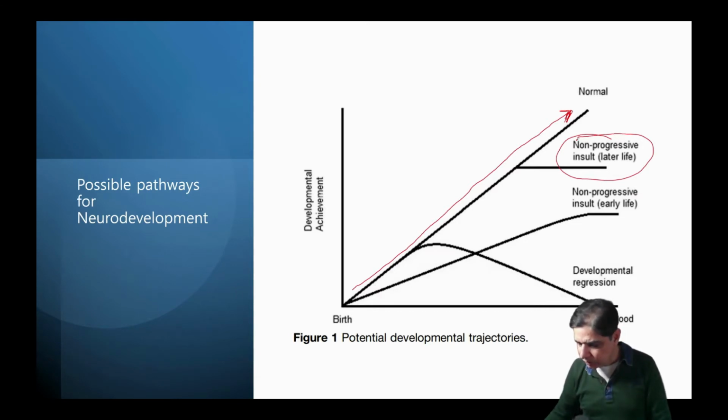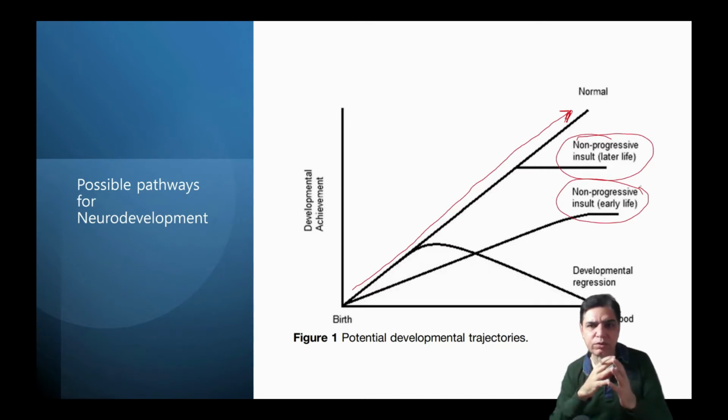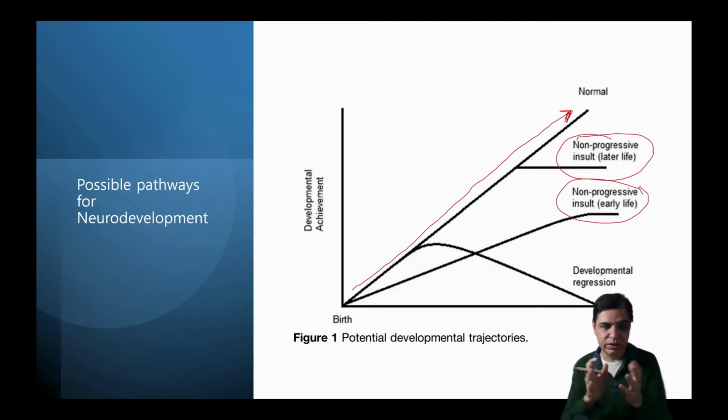Some types of conditions which result in early life insults, especially to the brain, can exhibit what we call a non-progressive insult, where the milestones are stopped at an early age. For example, different forms of cerebral palsy are one of the greatest examples.